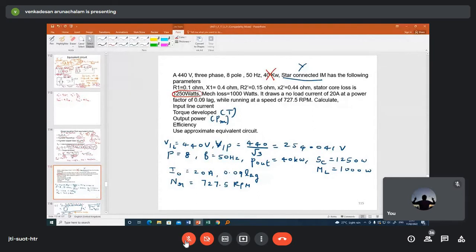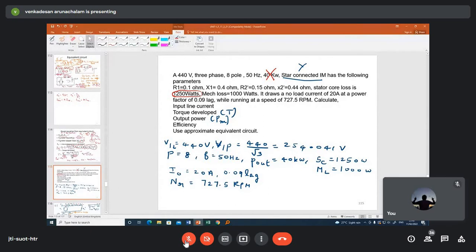A 440 volt, 3-phase, 8-pole, 50 hertz star connected induction motor has the following parameters. R1 is 0.1 ohm, X1 is 0.4 ohm, R2 dash is equal to 0.15 ohm, X2 dash is equal to 0.44 ohm.